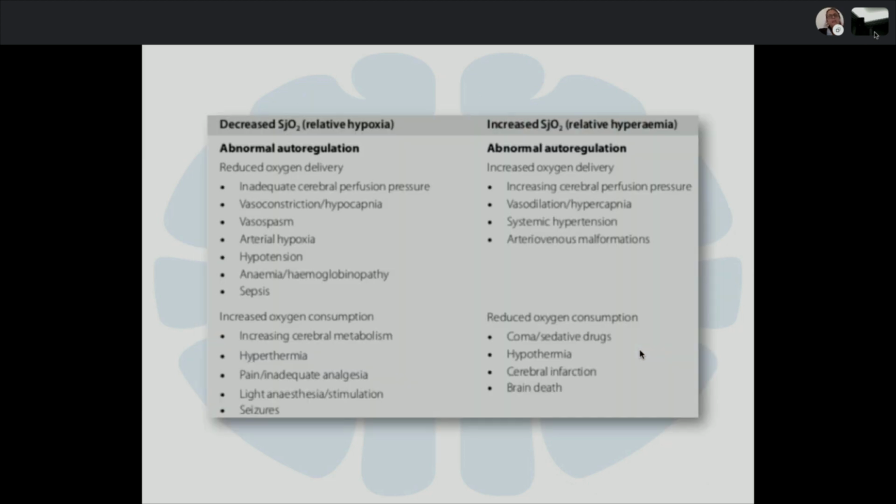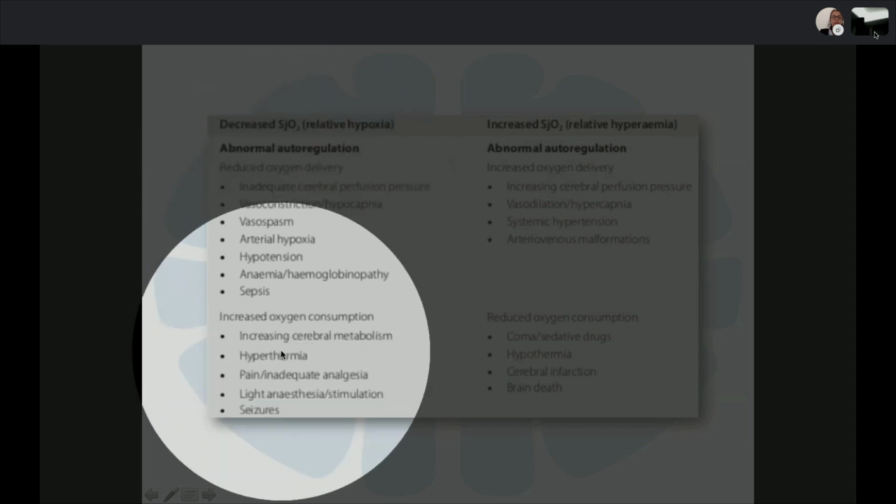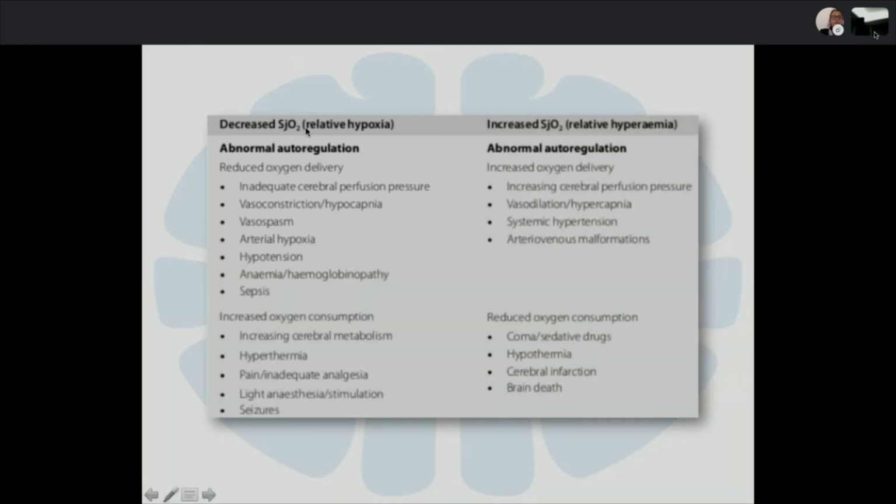So there are several conditions that can obviously decrease or increase the values of SjO2. For example, there are conditions of reduced oxygen delivery or increased oxygen consumption, which both can determine a decrease in SjO2. When can we have a reduced oxygen delivery?